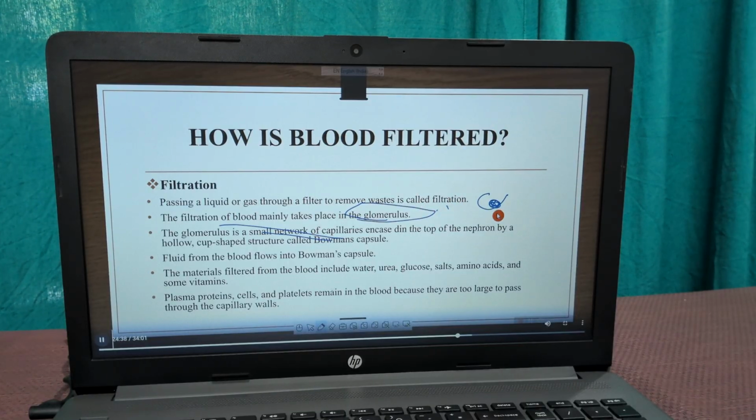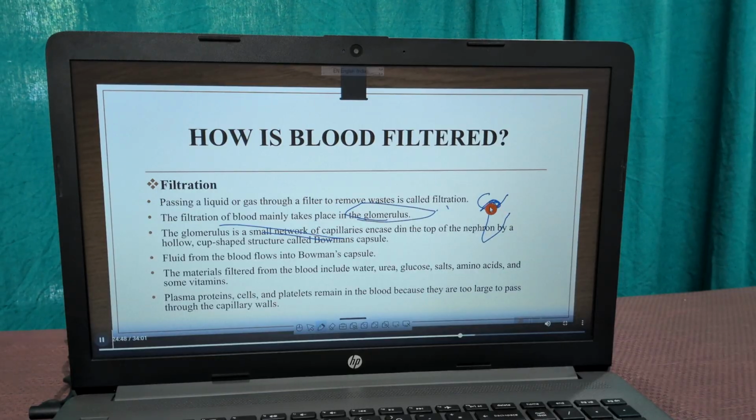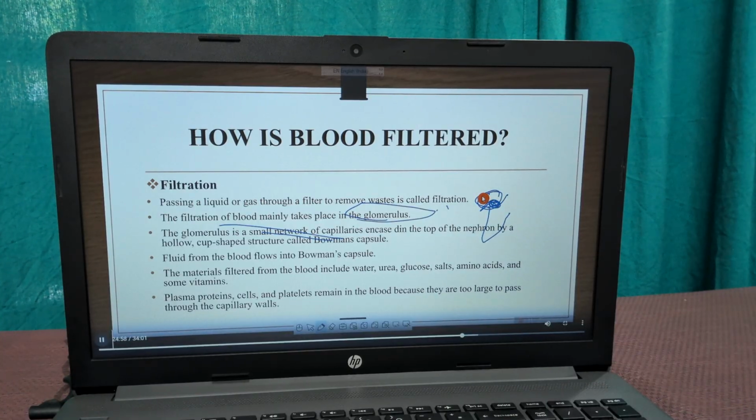The thin walls of the glomerulus allow smaller molecules or waste and fluid, mostly water, to pass into the tubules. The larger molecules such as protein and blood cells stay in the blood vessels only. So this is how filtration is achieved.